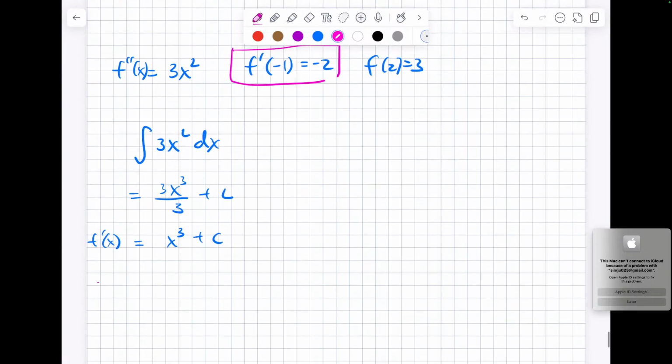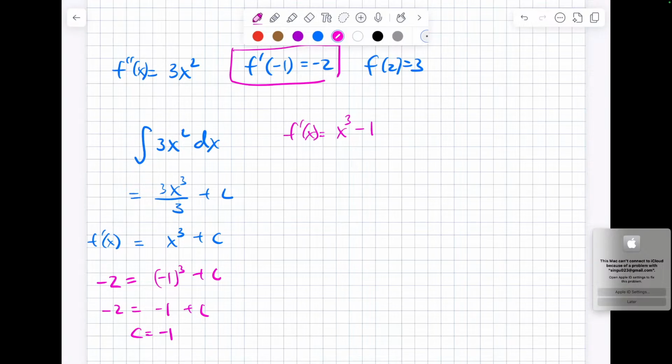So -2 equals (-1) to the third plus c. -2 equals -1 plus c. C equals -1, I think. So that means f prime of x is equal to x cubed minus 1.